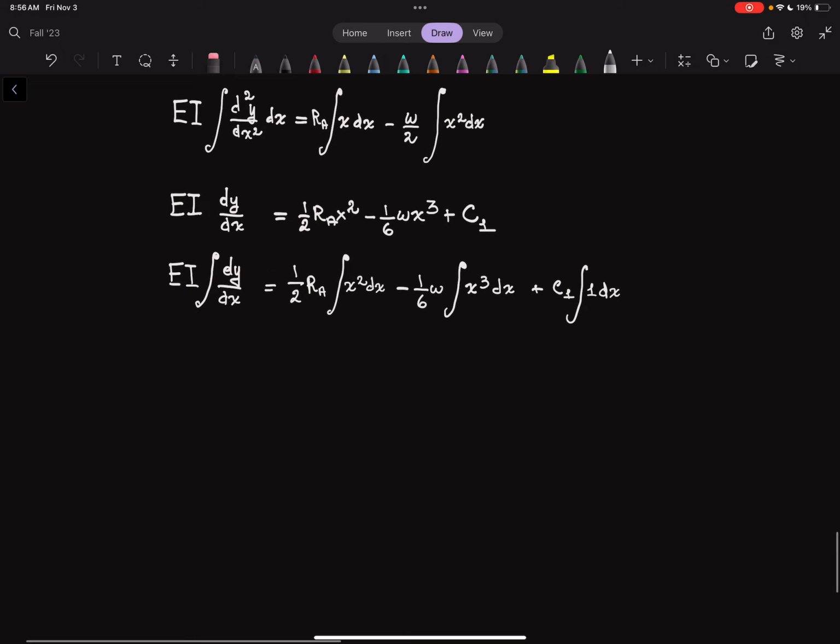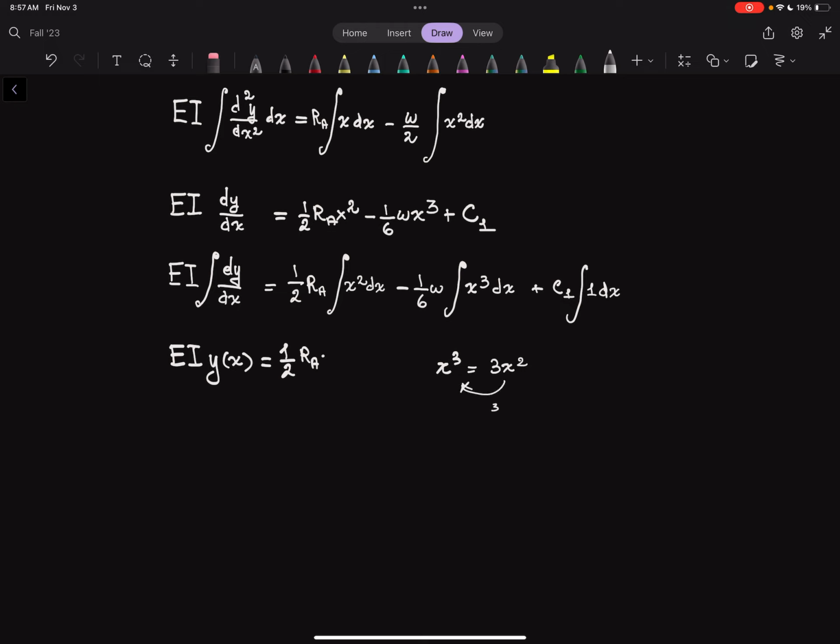Okay. So now we get E, I, y as a function of x is equal to 1/2 RA times 1/3 x. Well, let me just make sure. If I take the derivative of this, what do I get? Well, I get 3x squared. So if I have an x squared, what I want to do is go back here.